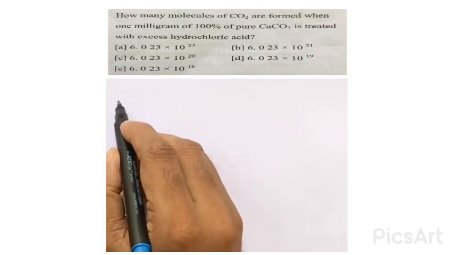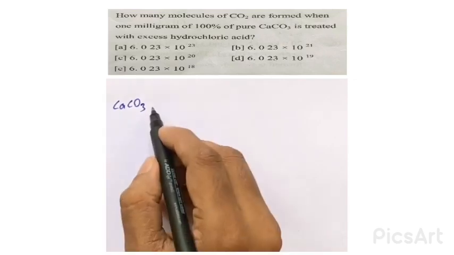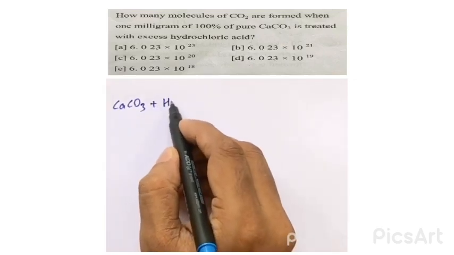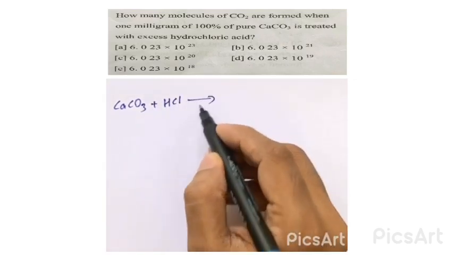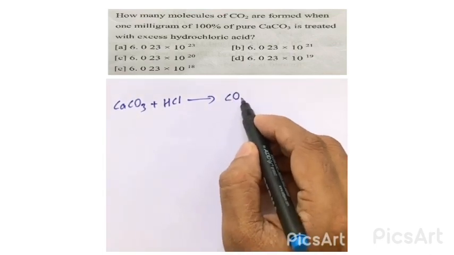How many molecules of CO2 are formed when 1 milligram of 100% pure calcium carbonate is treated with excess hydrochloric acid? So we have to write the reaction first. CaCO3 reacts with HCl to form CO2.